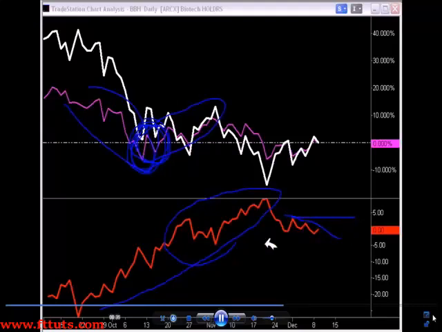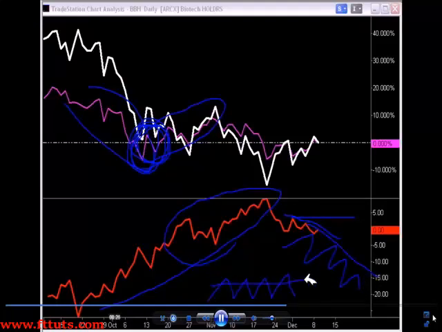So basically, I am looking for the indicator to either be going sideways or down. I'm not looking to trade when this indicator is going up. Sideways or down. That's it. And that's what the value play is all about. When I say that I'm looking for a value play on these relative strength techniques, that's it.